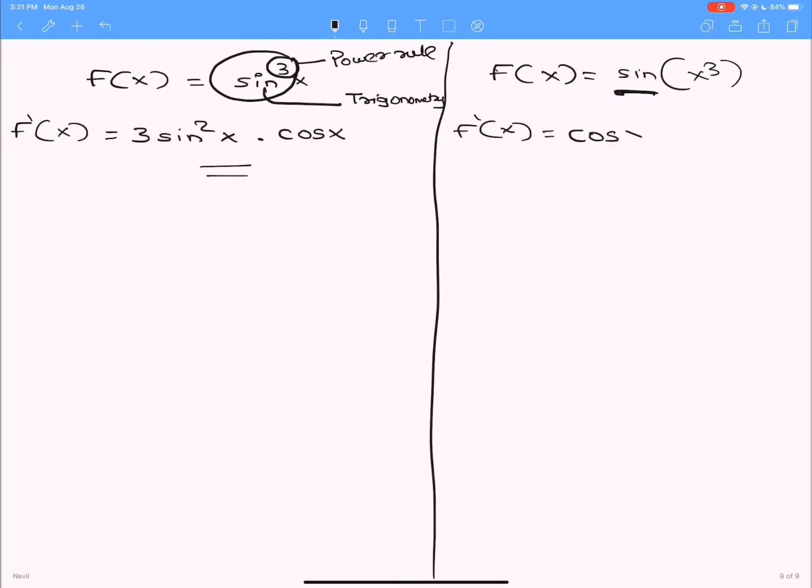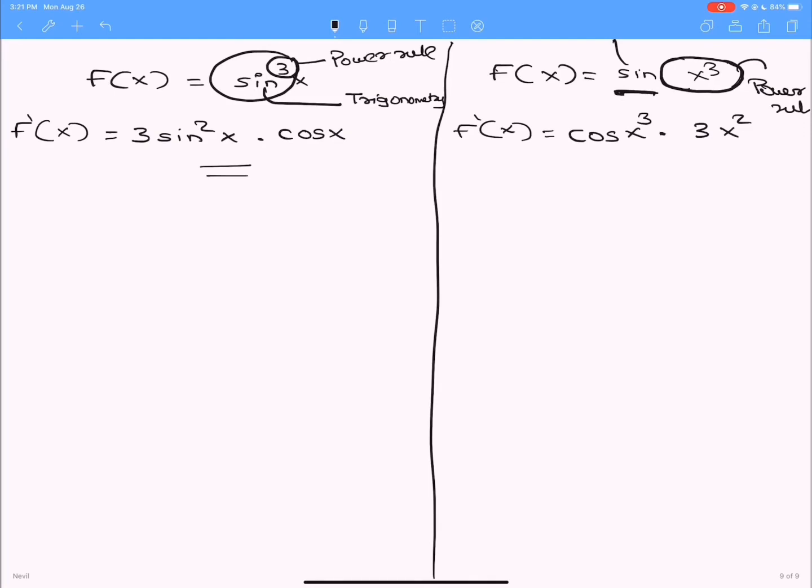We're not done yet, but cosine x cubed. So you write that first. Then you do, like you usually do, the inside part, which is the x cubed. So the derivative of x cubed is 3x squared, as per the power rule. So this, in this question, is the inside part, which is the power rule.